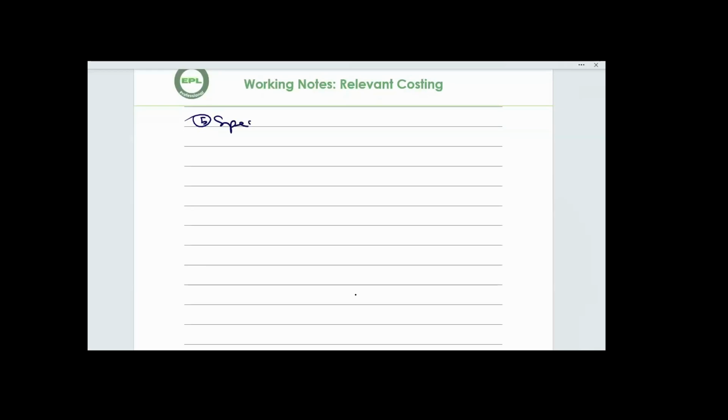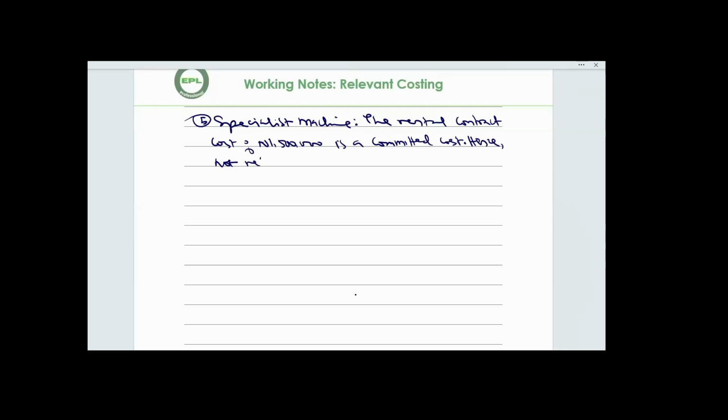Specialist machine. The rental contract cost of 1.5 million naira is a committed cost, hence not relevant to the calculation.